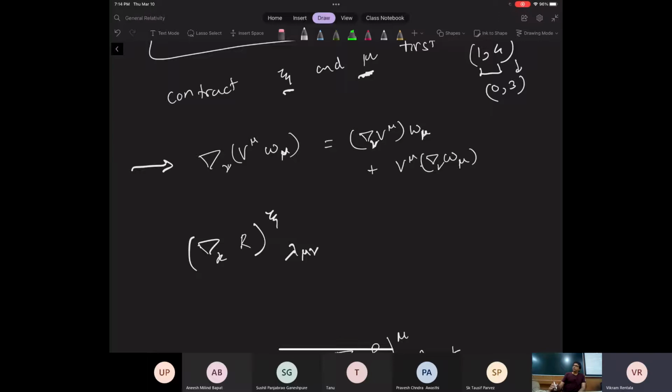Now this must be the same as if we had first contracted the psi and mu indices, and then taken the derivative. So we're doing contraction after taking the derivative in this case. But if I had first taken the contraction, then we are taking the Riemann tensor and contracting this upper index with this lower index. What does that give me?